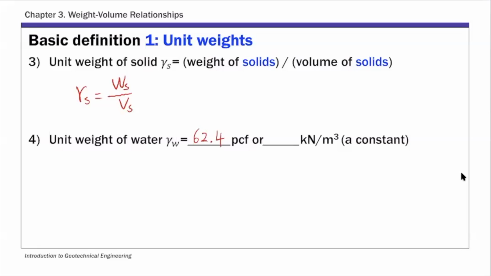And if you're using the SI system, it's 9.81 kilonewton per meter cubed. For any problems, if you need the unit weight of water, you know that's a constant. I don't need to give you that value. You should remember those two values, 62.4 in the US system or 9.81 in the SI system.